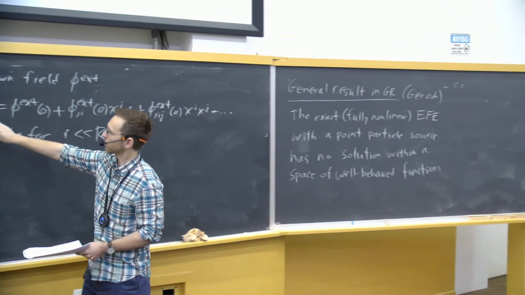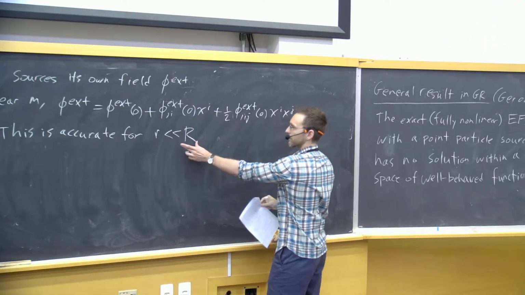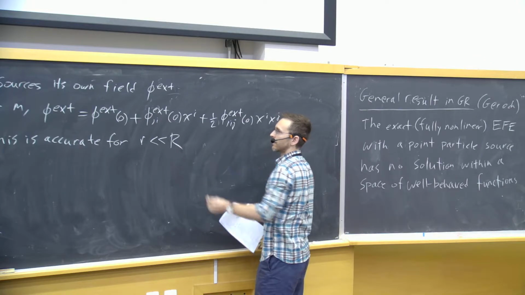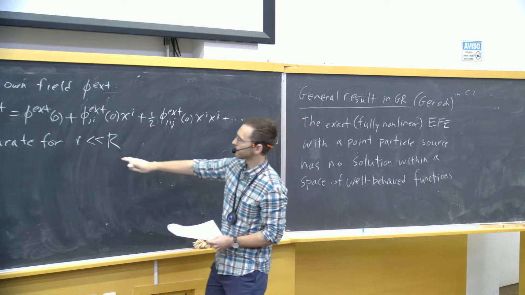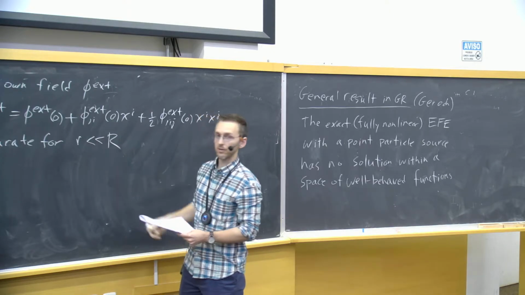So this external field is varying on this scale. So for these derivatives to be small, you need this relationship.